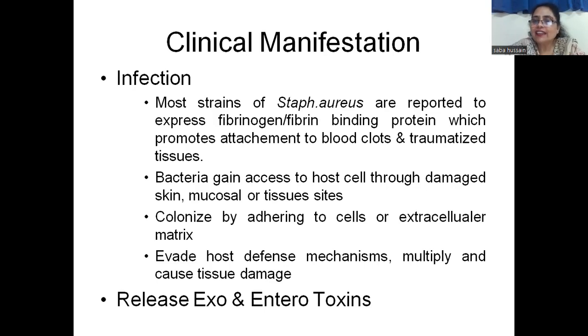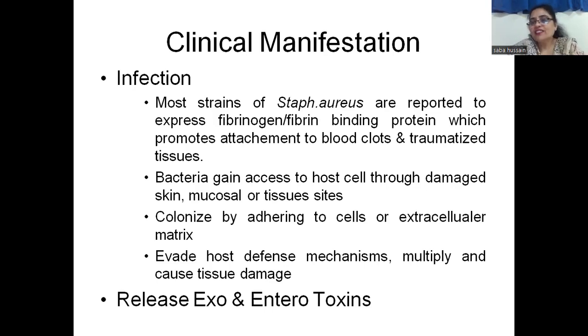Bacteria gain access to the host through damaged skin, mucosal, or tissue sites, and colonize by adhering to cells or extracellular matrix, evade host defense mechanisms, multiply, and cause tissue damage. So that is how they enter inside. I have explained initially also what mechanisms they have to evade the immune system of the host.